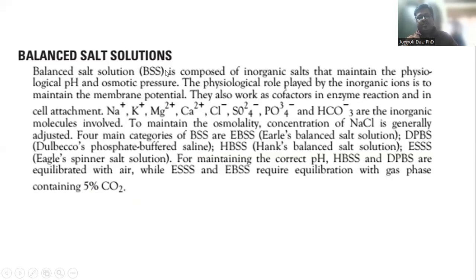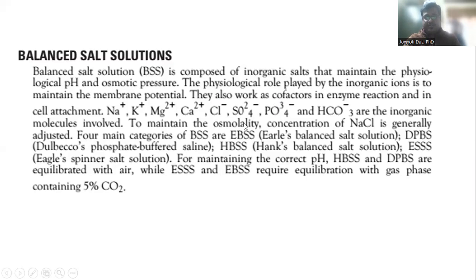So now let's talk about balanced salt solutions. So balanced salt solution is something that is composed of inorganic salts that maintain the physiological pH and osmotic pressure. The physiological role played by the inorganic ions is to maintain the membrane potential. We all know the utility of various ions in animal systems, right?